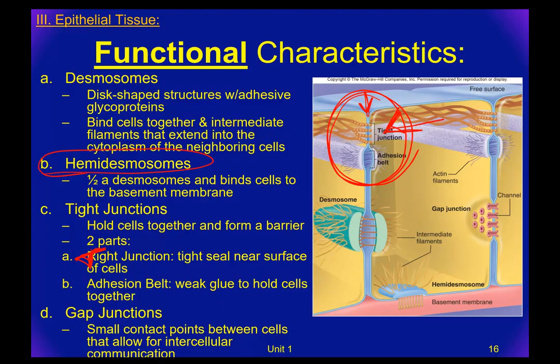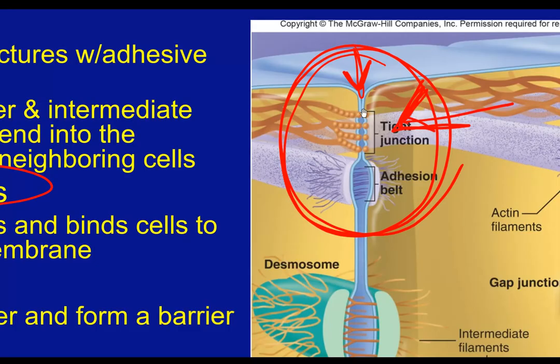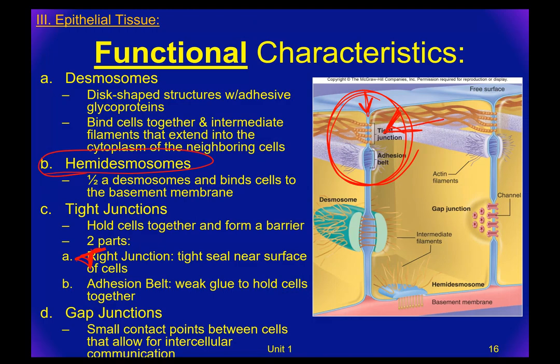If you look, you can see that this is held together like nobody's business, right? But right next to it, you also have this little thing here called the adhesion belt. The adhesion belt is kind of like having weak glue right next to the strong glue. It's not necessarily going to be as good as the tight junction, but it adds a little bit of stability to that tight junction.